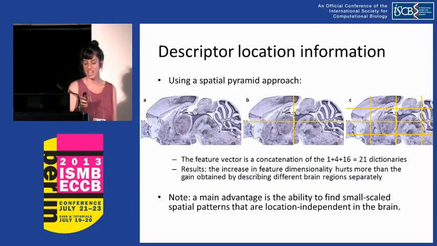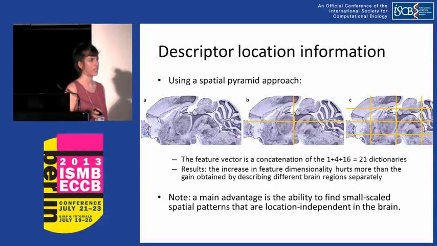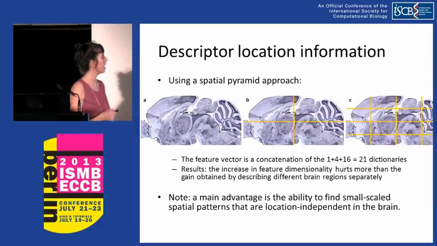We did try a spatial pyramid approach. We didn't have an annotation of a region for each pixel, so this is the best we could do. With a spatial pyramid, you split the image into several parts, and then you calculate the dictionary separately for each part.